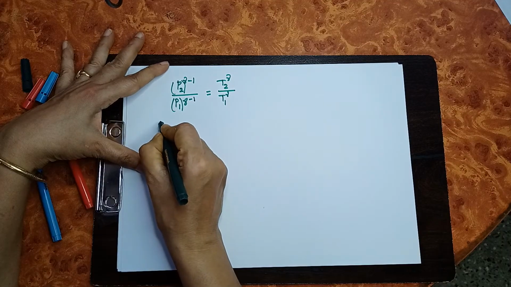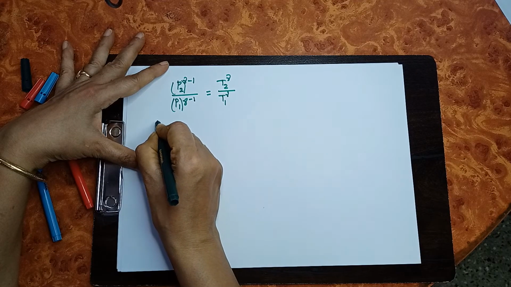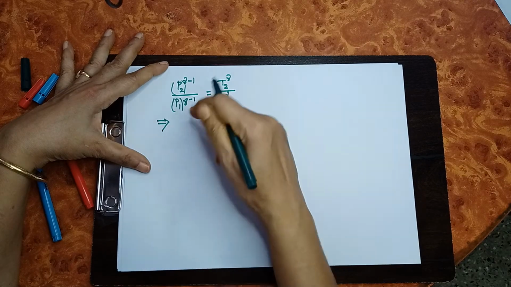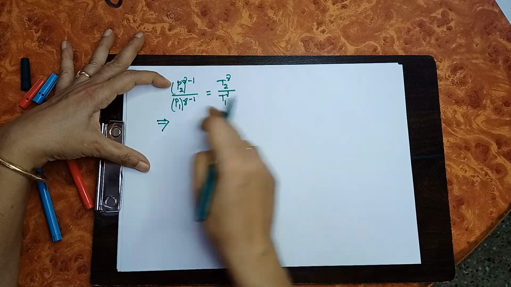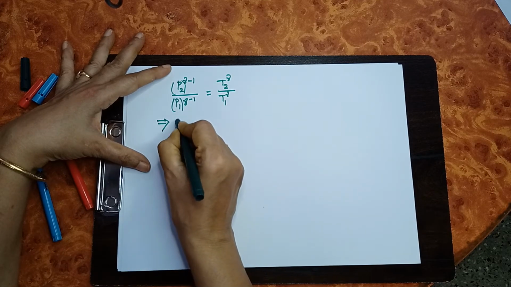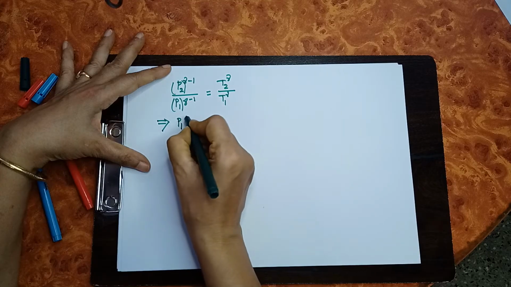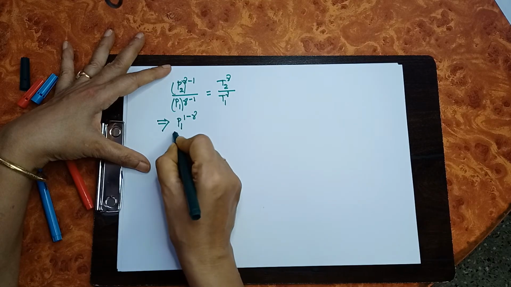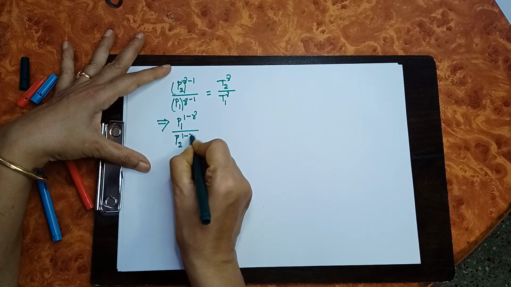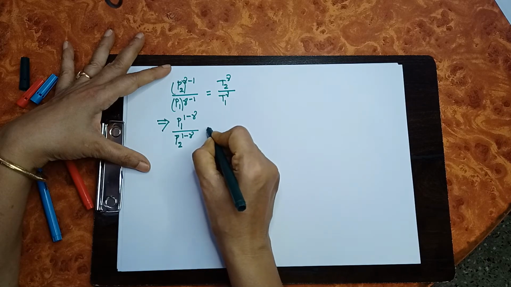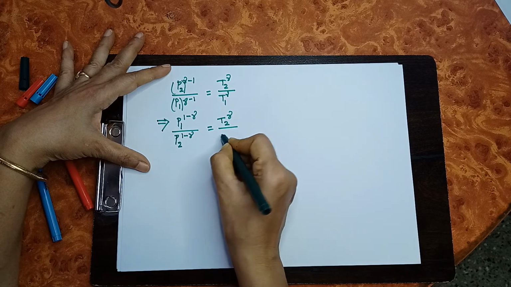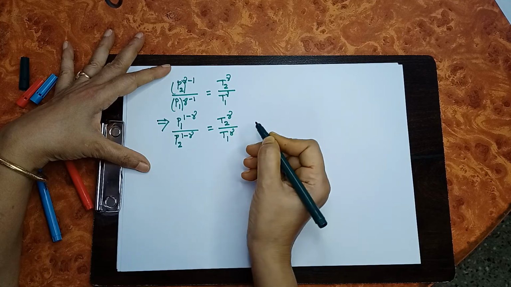Now this one I can write as, if I take it up, because P1 I have to take to T1, P1 to the power 1 minus gamma divided by P2 to the power 1 minus gamma is equal to T2 to the power gamma, T1 to the power gamma.